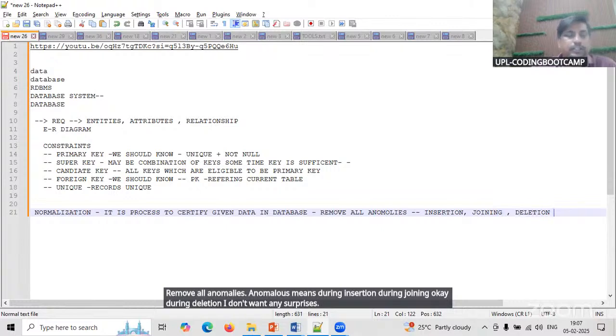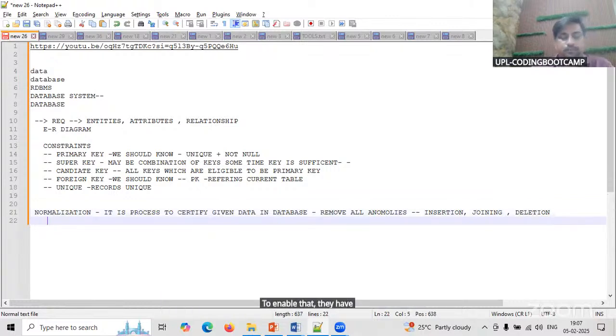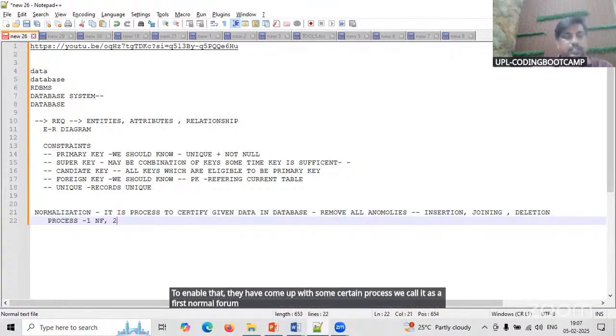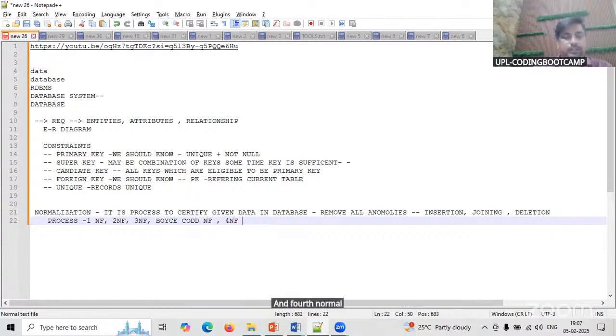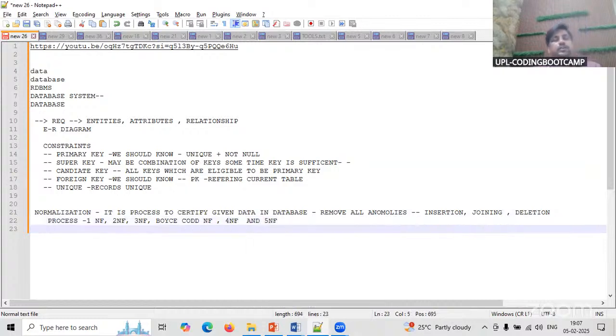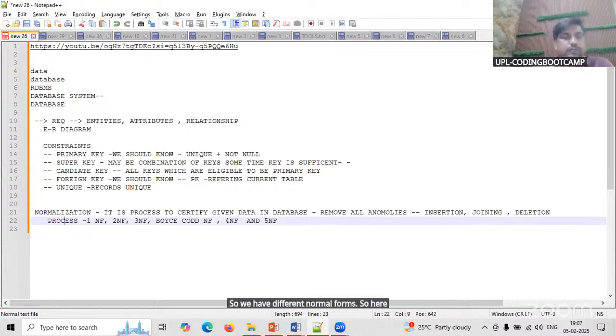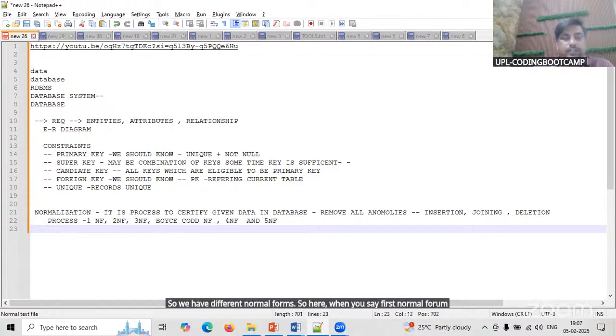To enable that, they have come up with some certain process. We call it as first normal form, second normal form, third normal form, Boyce-Codd normal form, fourth normal form and fifth normal form. So we have different normal forms. So here, when you say first normal form, let us understand very high level.